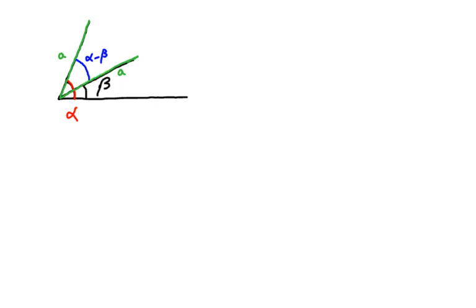Let me ask you a couple of questions. I draw the coordinate system. I draw this angle beta, and this distance I call it A. Tell me, what are the coordinates of this point?